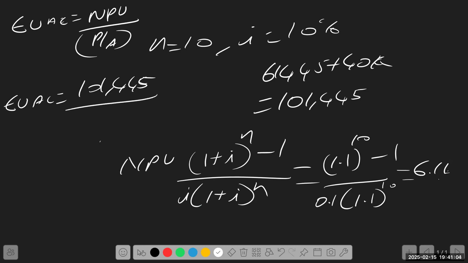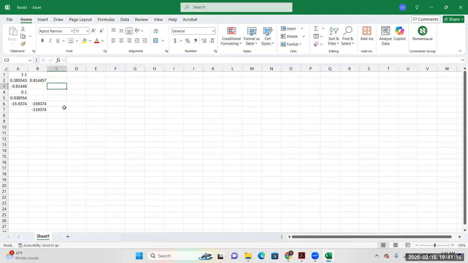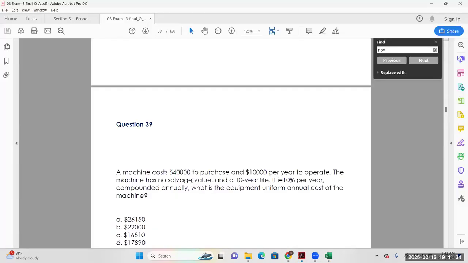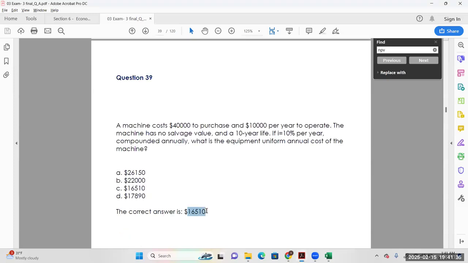What is the P by A factor? 6.1445. So 101,445 divided by 6.1445, how much is it? 16 point something, no? Let's see the answer. Yes, 16,100 is the answer.